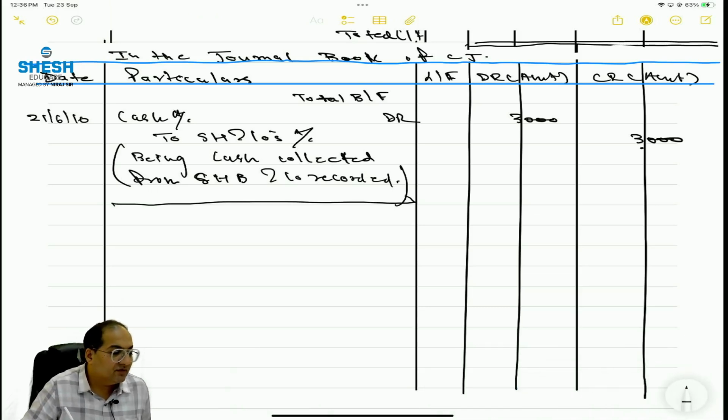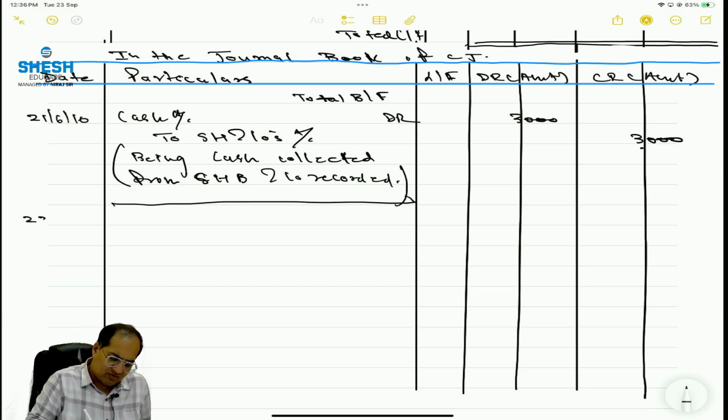Next. पेड कैश टू सी हेनरी. जाके देखो सी हेनरी को कितना पेबल था. तो सी हेनरी को पेबल था 900 and how much you have paid? 900. So can I say it is paid in full settlement? Yes.